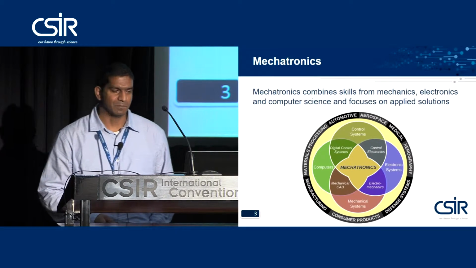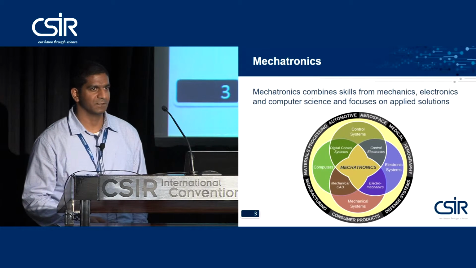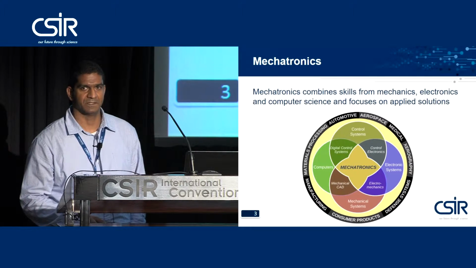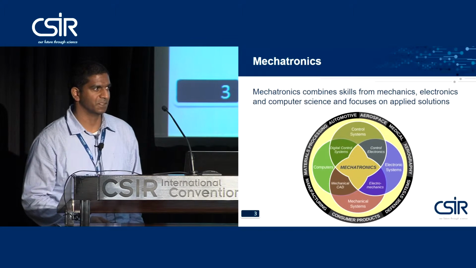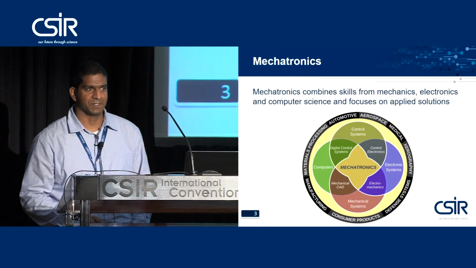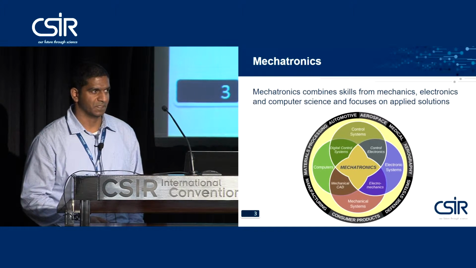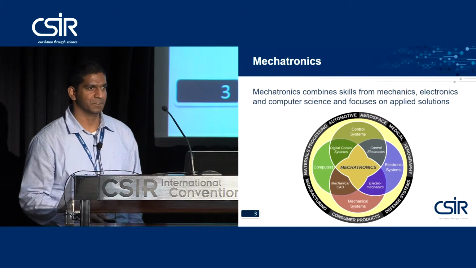Okay, so first, mechatronics. So mechatronics is an integration of mechanical, electrical, and computer engineering, and a bit of mathematics thrown in the middle. So it's an integration of these different skill sets, and we use this combination to try to solve problems. So in a nutshell, this is what our hammer looks like.